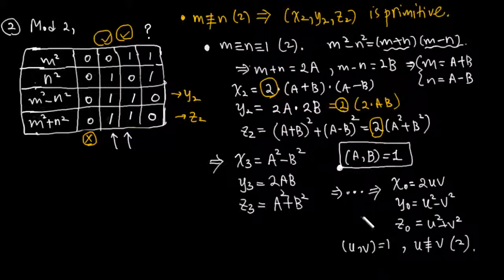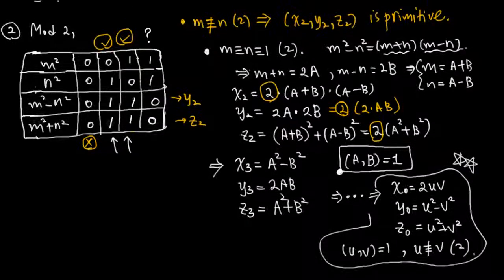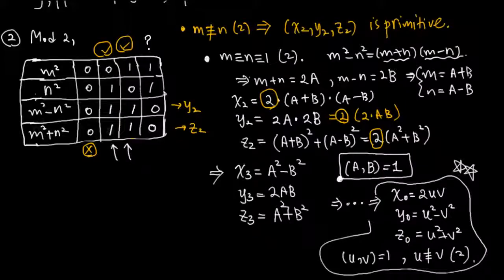So we arrive here, and showing that this condition actually generates a primitive solution is relatively easier. So we're going to stop here. This mod 2 calculation got a little bit complicated, but it's actually an important part of this calculation.